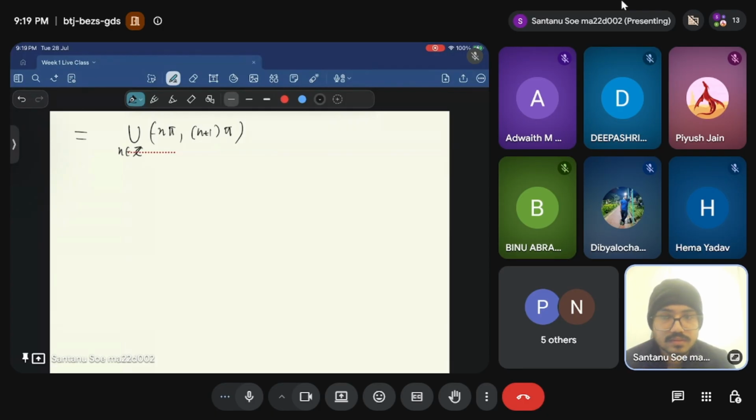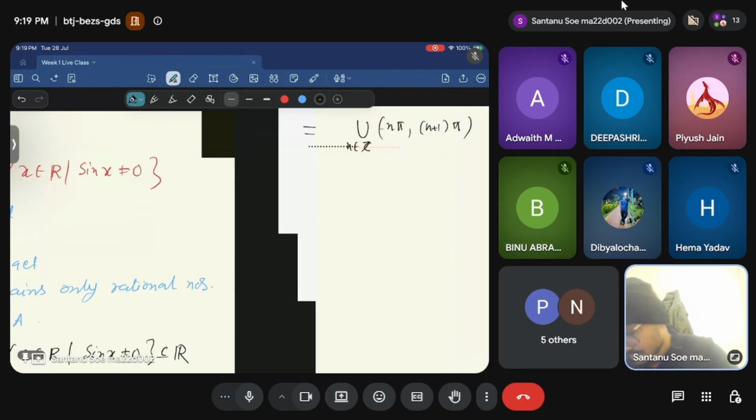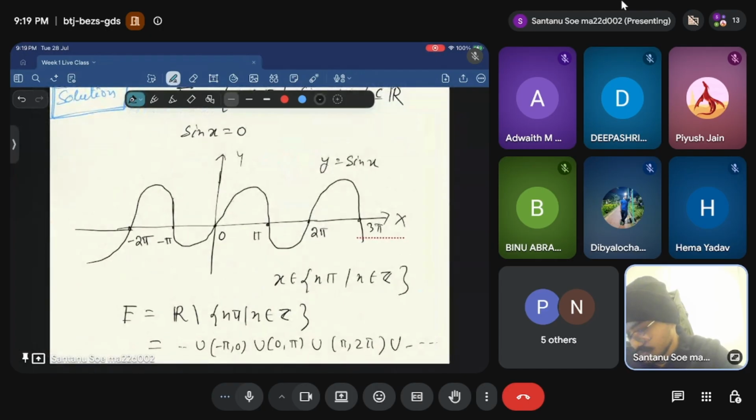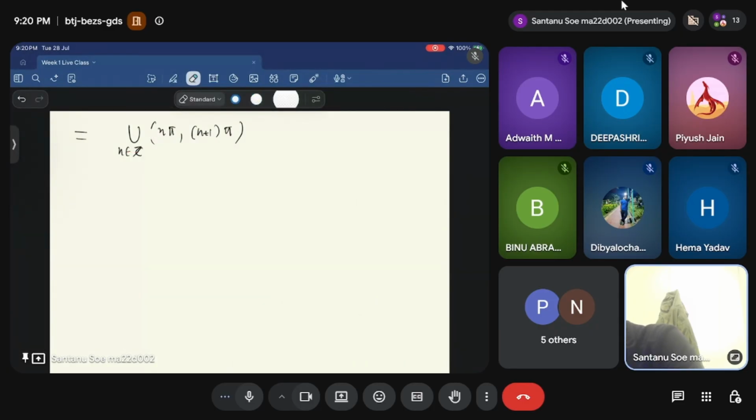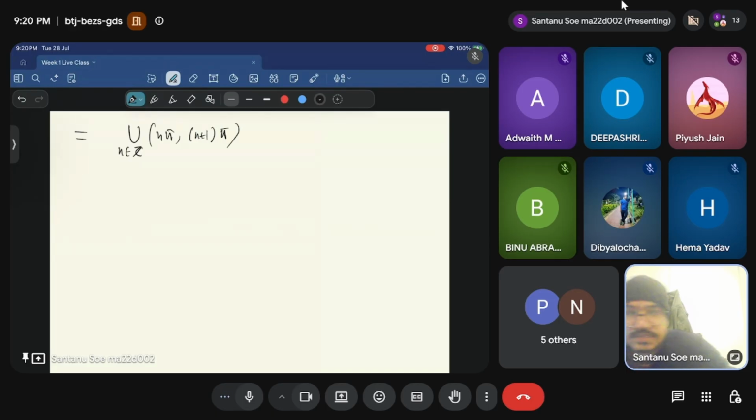Correct? Or more explicitly, you can just remove this minus. This is more convenient because n is already an integer, so it can take negative values. Why write negative values in the union? You just put n equals 0, n equals 1, n equals -1, and you get the whole of R minus n pi, right?